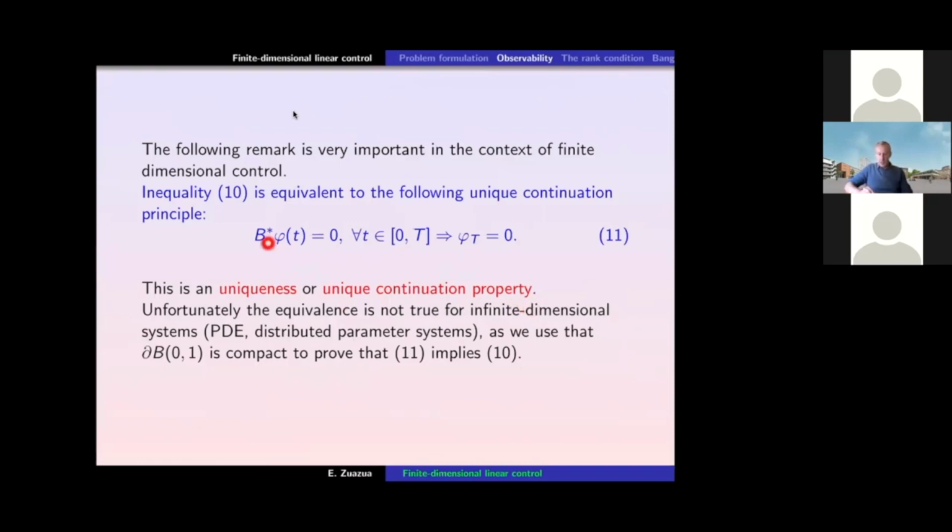Because, of course, if you give me the measurement B star phi equal to 0, guessing that phi is equal to 0 is a very natural continuation of this information. It's a very natural extension. The question is whether this is the unique one, right? And as you know, for instance, if I ask you, is it true that a function that is 0 to the left will always be 0 to the right?